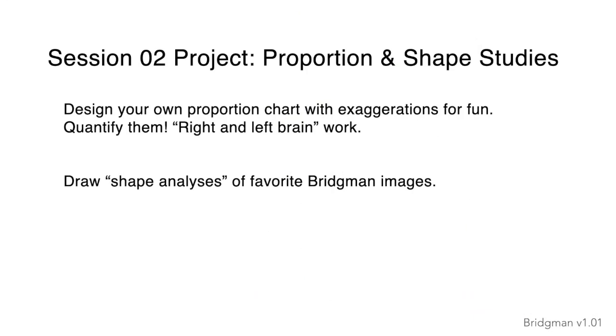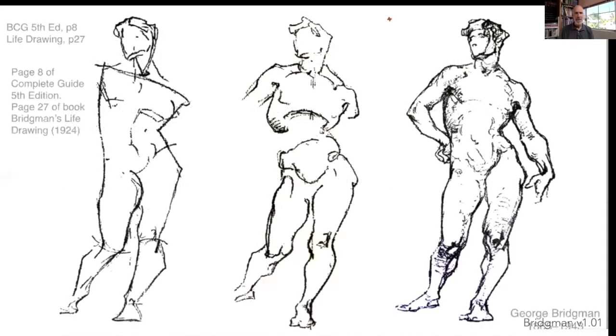Here is your homework, by the way. If you want an assignment as opposed to a project, this is more of an assignment than a project. Draw shape analyses of favorite Bridgman images. That's a shape.